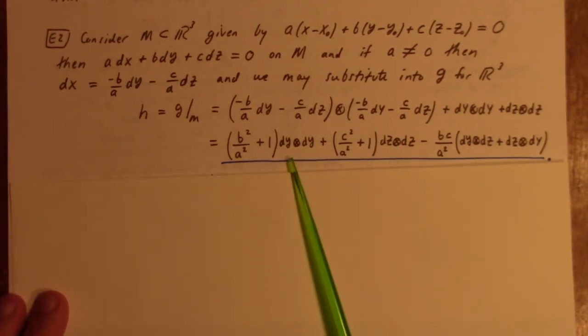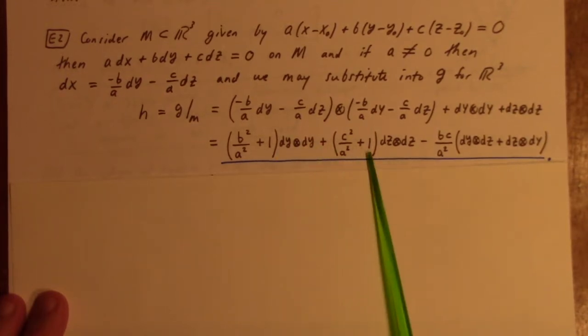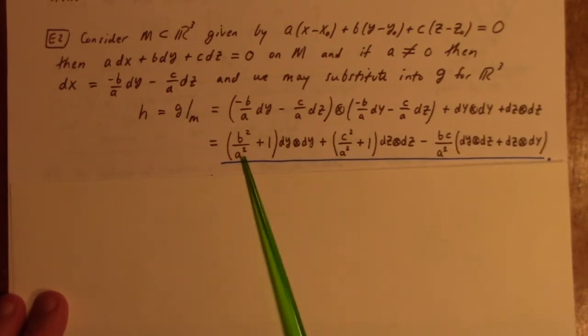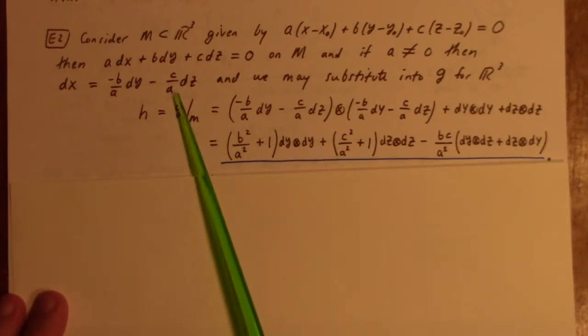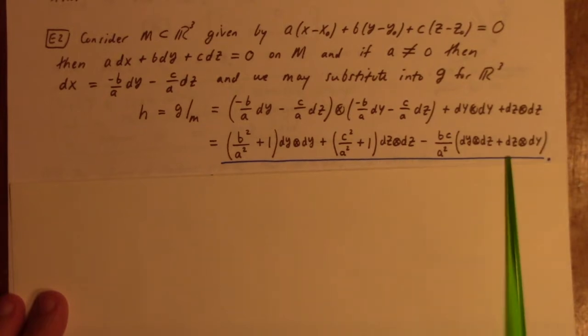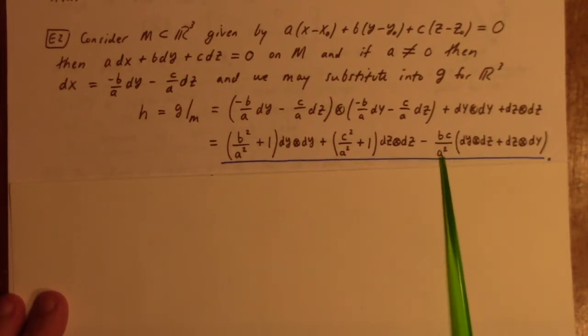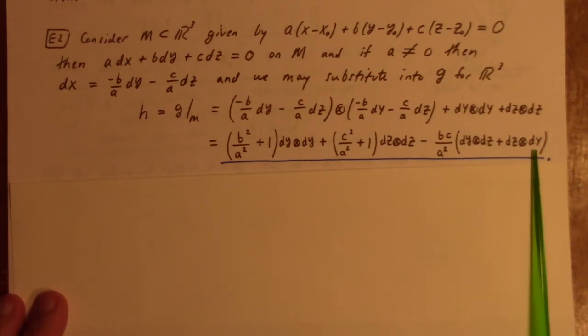So you've got your dy tensor dy, your dz tensor dz, and then you've got the piece appearing from dx tensor dx, because x is in terms of y and z, so you end up with a b squared over a squared from these, and a c squared over a squared from those, as you FOIL this out. And of course you also have this other piece over here, which is minus bc over a squared times (dy tensor dz plus dz tensor dy).